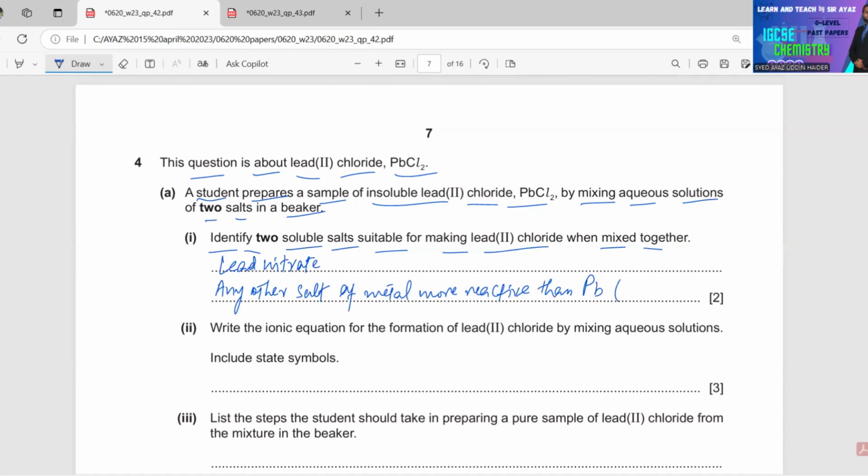So since we are making chloride, you can take sodium chloride, or calcium chloride.